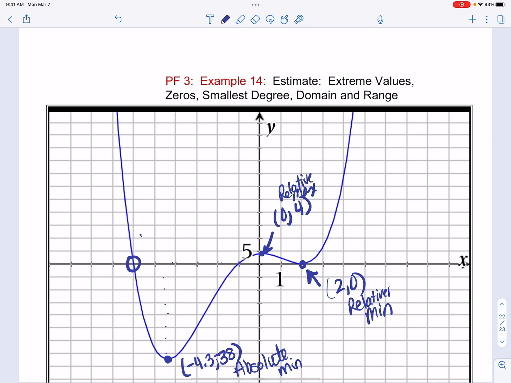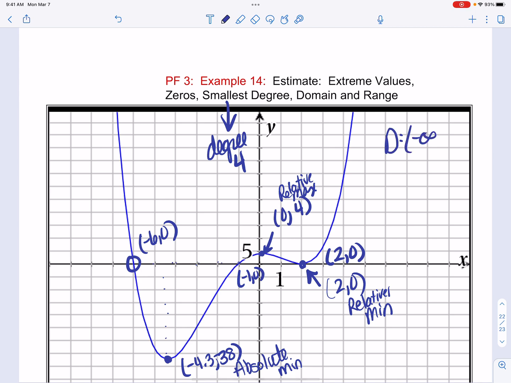So -6, 0, and -1, 0, and 2, 0 are my zeros. My smallest degree would be a degree 4. It could not be a degree 2, but it could be a degree 6, 8, 10. That's why it says smallest. Without an equation, we don't know where the imaginaries are.